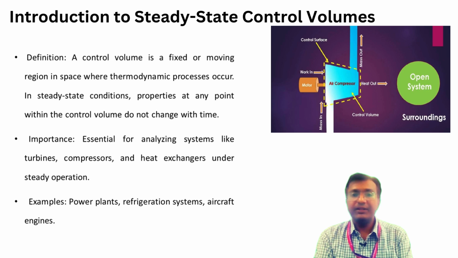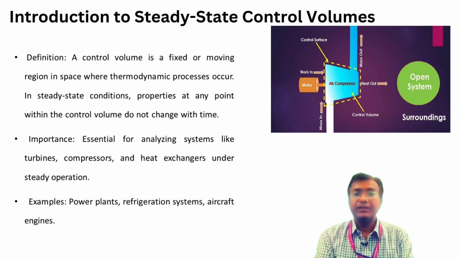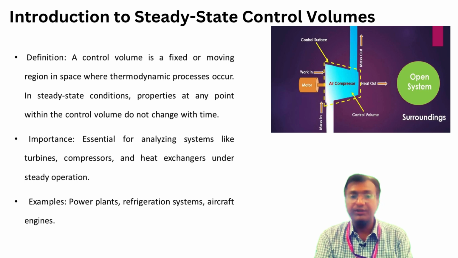Now let's consider a practical example: a steam turbine in a power plant. Steam flows in, does work on the turbine blades, and exits. Under steady state conditions, the mass flow rate of the steam entering equals the mass flow rate leaving the steam turbine, and the energy transfer in the form of heat and work also remains constant.